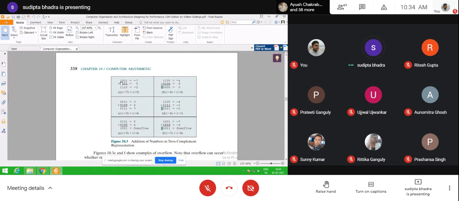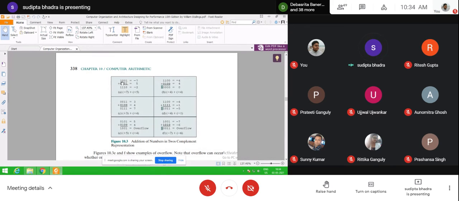Normal binary addition happens in the case of 2's complement number addition.